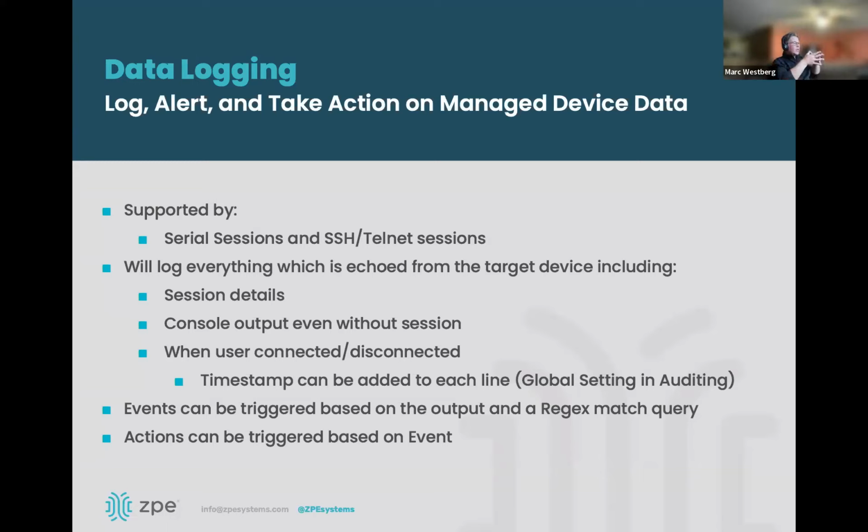Within the device, we can take that output and create an event for it, and then we can also have an alert on that. We can also then take action on the alert, if it's bring up a different connection, if it's turn down a connection, or whatever the case might be, that's what that would be for.